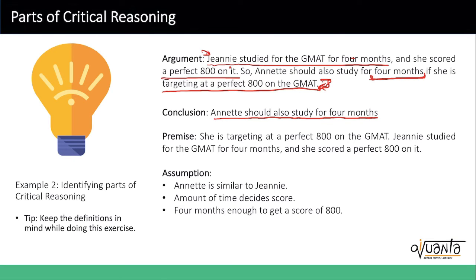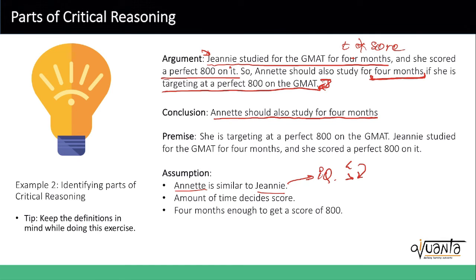What are the assumptions? Annette and Jeannie must have a similar IQ, because if there is a mismatch, then one might do it in lesser time or more time, right? So they must be intellectually very similar. The amount of time decides the score. What if the time was not related to the score at all, right?